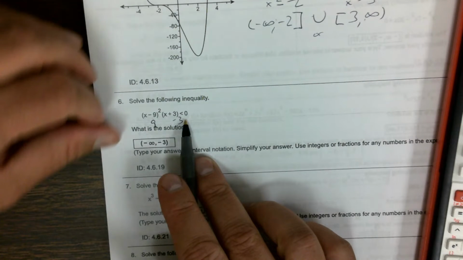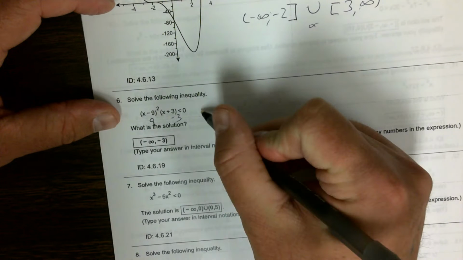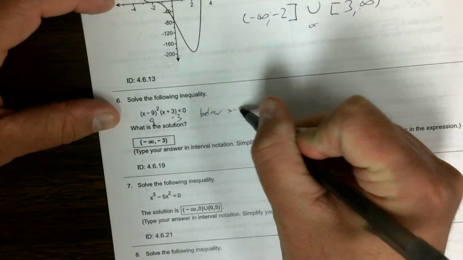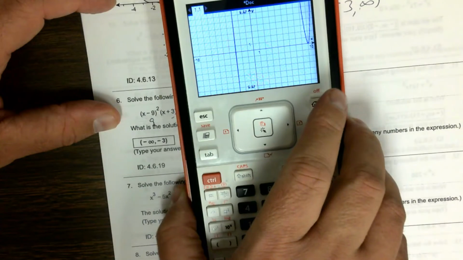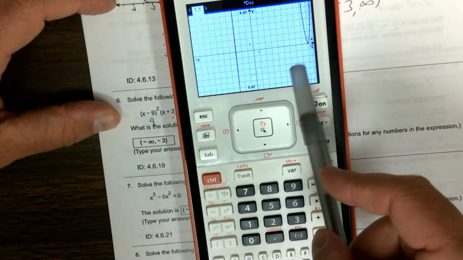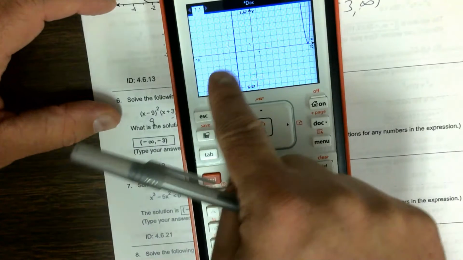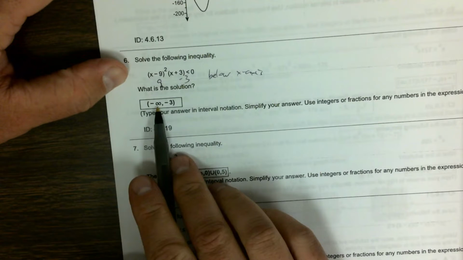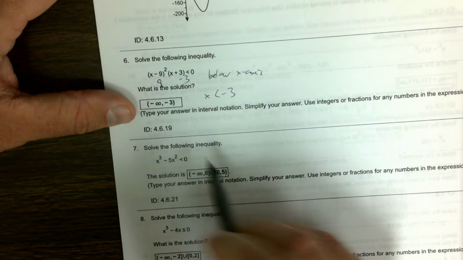And now if we want less than 0, that's going to be below the x-axis. And so there's nothing special happening on the right. It's just over here on the left when it's less than negative 3. So then your answer is negative infinity, negative 3, or you could say x less than negative 3. But we wanted interval notation, so that.